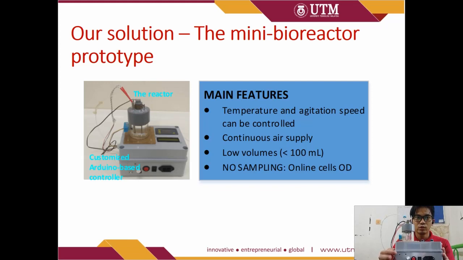It is equipped with a built-in miniature air pump, so that air can be continuously supplied. It also incorporates low working volume, less than 100 milliliters, and the most significant of this prototype is there will be no sampling needed.